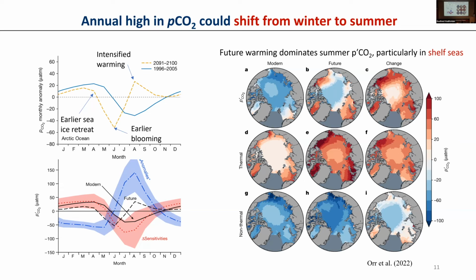And look at this map, you will see this driver change from the non-thermal component to the thermal component, which has a larger impact on the Arctic marginal seas. This is really bad news for the organisms living in these marginal seas.